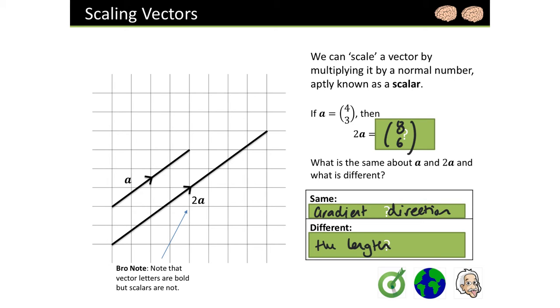Okay, so what we notice though is that they are parallel. Okay, so that's our first kind of thing. When we have a scalar, they're parallel. When one vector is a factor of another vector, the lines must be parallel. They must have the same gradient.